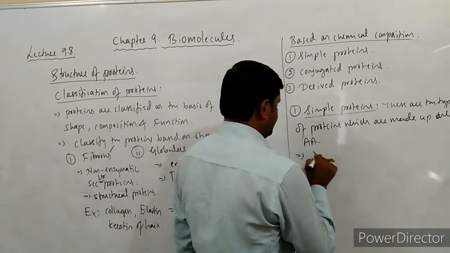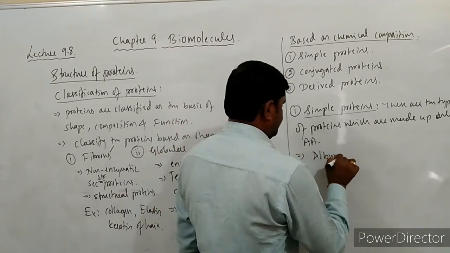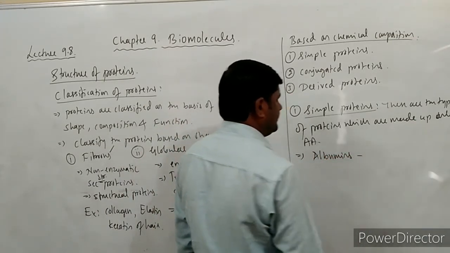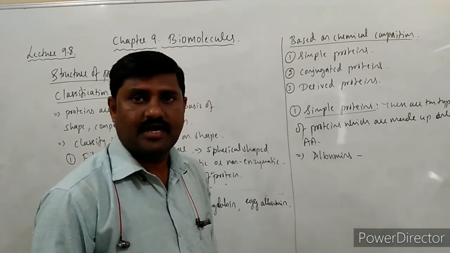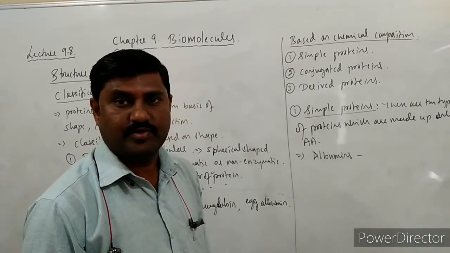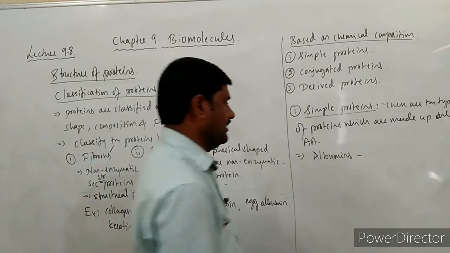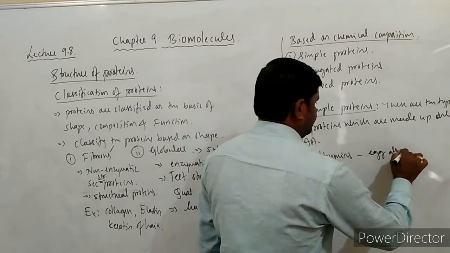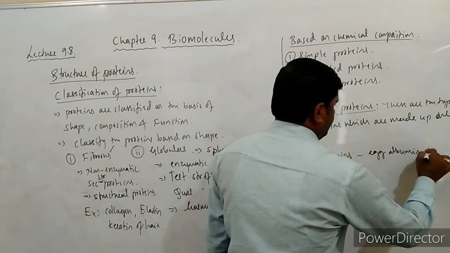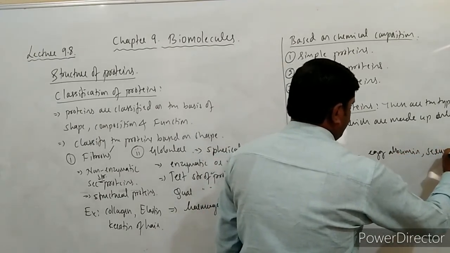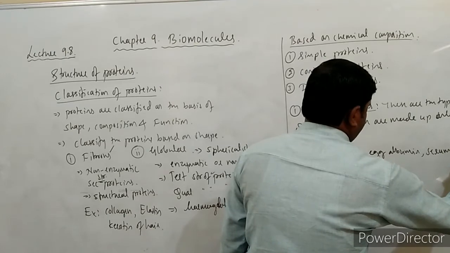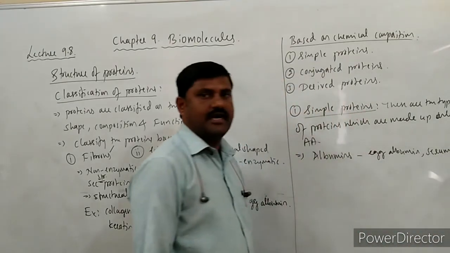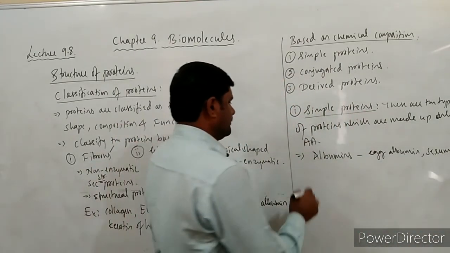Examples for this one are albumins, the best example for this one. Serum albumin is there, egg albumin is there. So they are the best examples for this one.